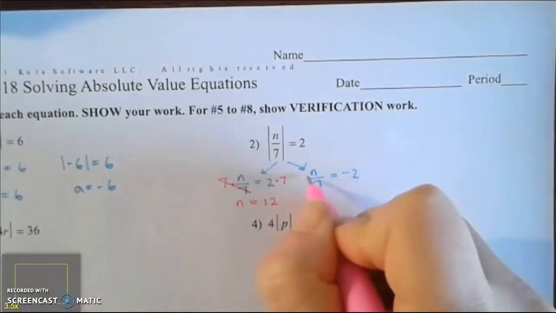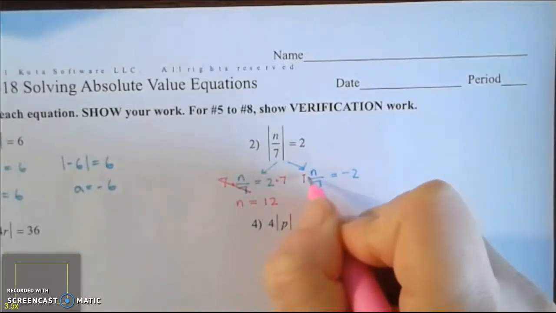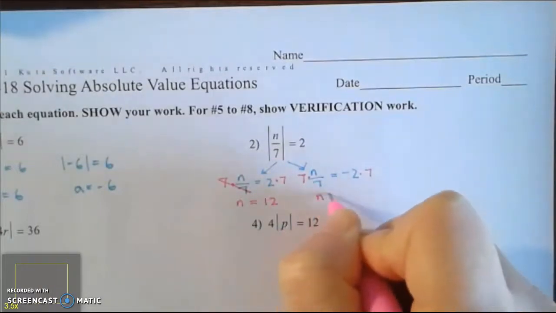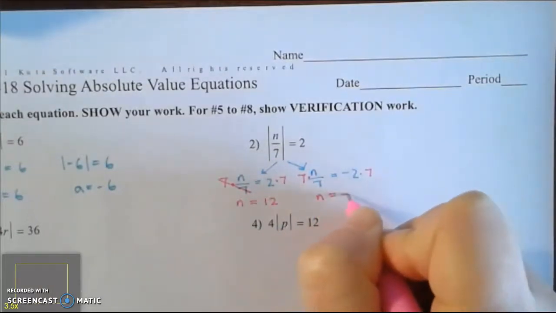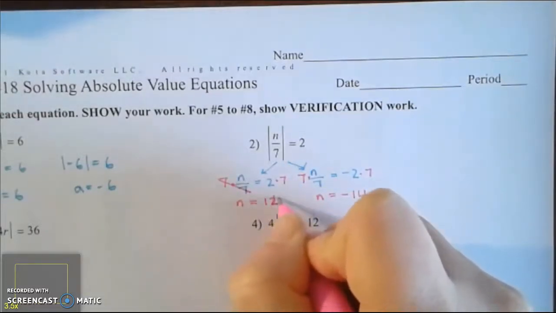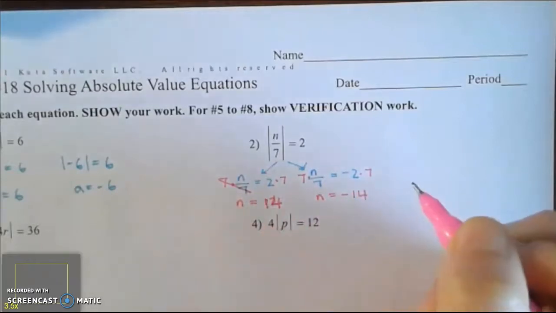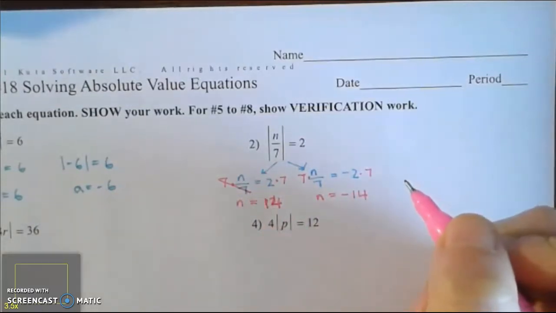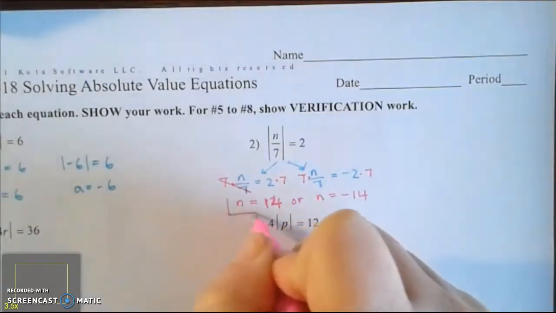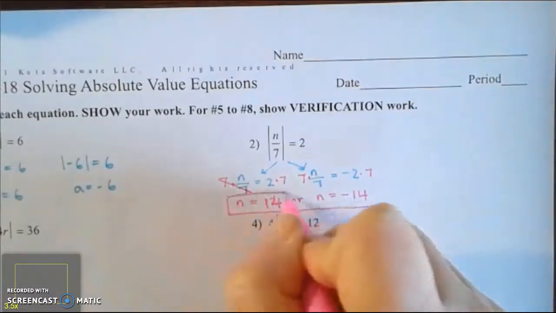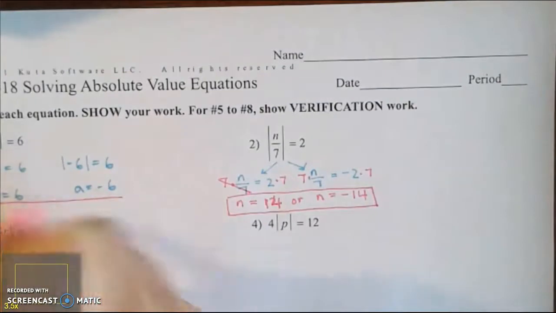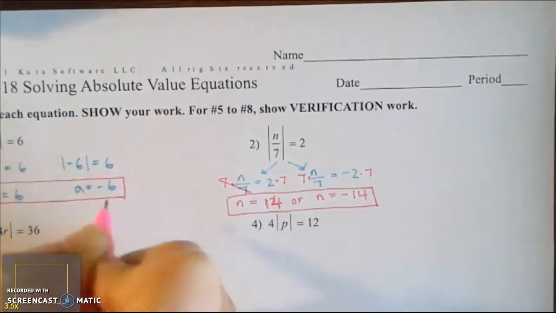And the other side, again, I multiply both sides by 7, and that leaves us with n is equal to negative 2 times 7 is negative 14. Okay, so now I have two different possibilities, that n could be positive 14 or n could be negative 14. Just as in the first question, where a could be positive 6 or negative 6.